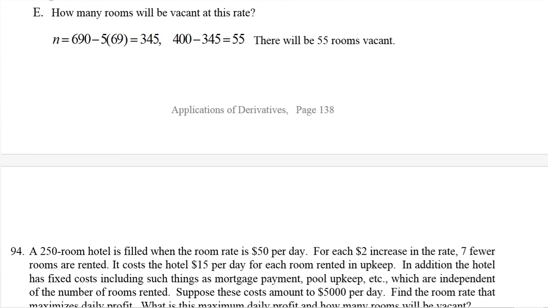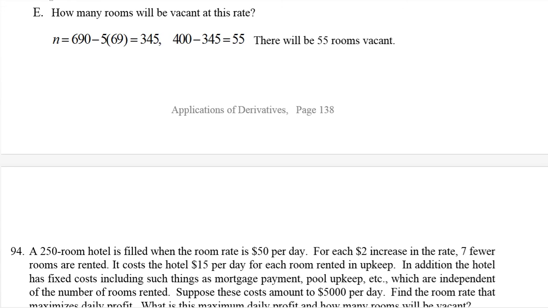Okay, here's another very similar kind of problem. Let's go ahead and work this one out as well. A 250-room hotel is filled when the room rate is $50 per day. For each $2 increase in the rate, 7 fewer rooms are rented. But this one we're also going to figure in cost. It costs the hotel $15 per day for each room rented in upkeep.